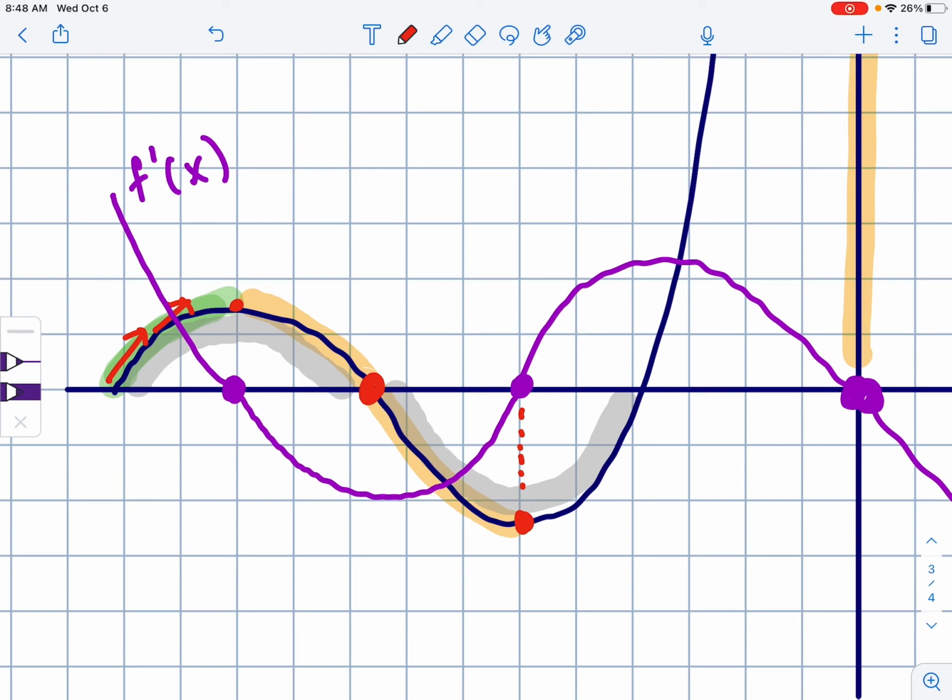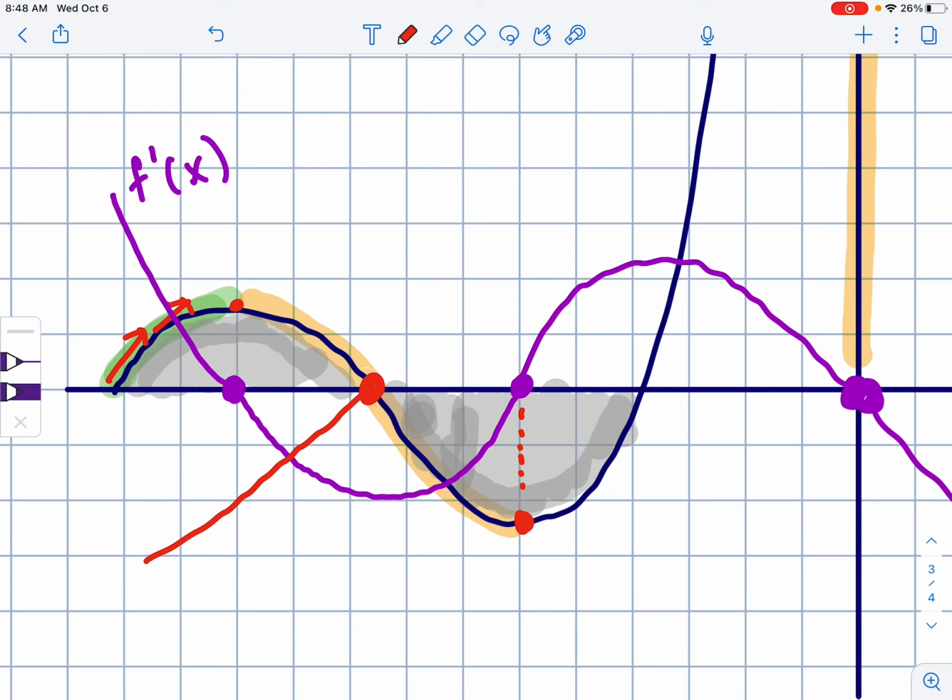So we know the second derivative is going to touch 0 at this inflection point. Now they happen to be the same point there. But we know the second derivative is negative in this zone because that's concave down. No, I'm getting it right. Concave down, it's negative in that zone, and then it's going to be positive in this zone.